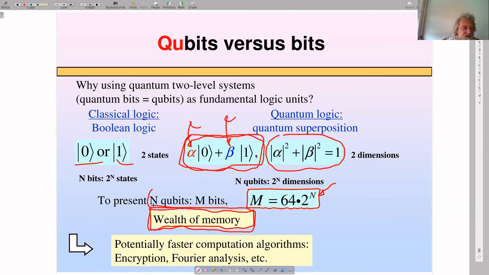Nevertheless, there's still a big drive. It is still a very popular direction to get a practical quantum computer, to use this amount of memory accumulated in qubits for practical purposes.